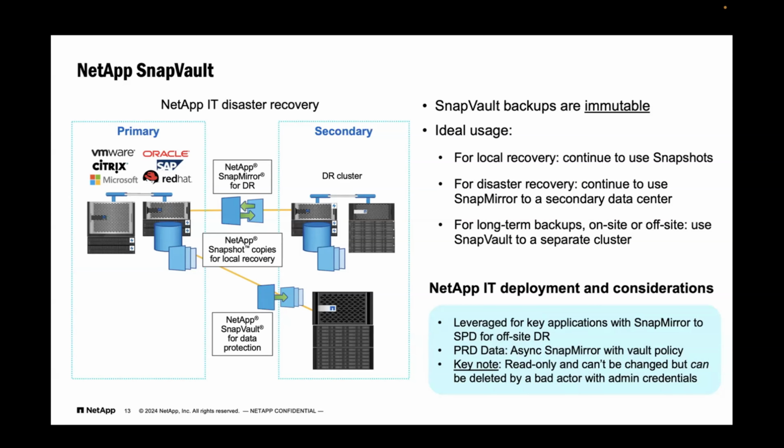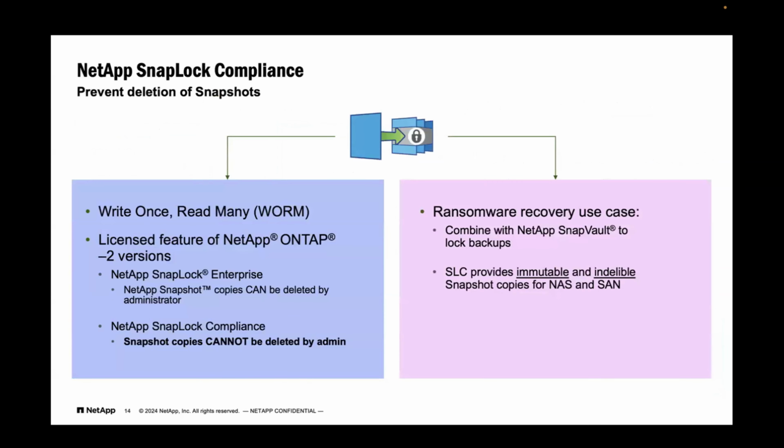I'll talk later in one of the slides about how we manage control or access to the cluster, admin account and privileged accounts, right? So that way it's not easy to compromise the account, but if they do, it's not easy to delete the snapshots also.